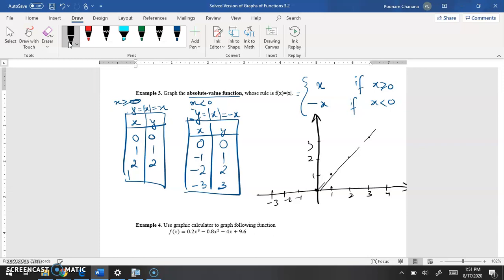That is one segment of your function, because absolute value function is a piecewise defined function. At negative 1, it is 1. At negative 2, it is 2. And at negative 3, it's 3. You connect them. So the absolute value function's graph is a V graph. It's symmetric with respect to the y-axis and the corner of the V comes at the origin.